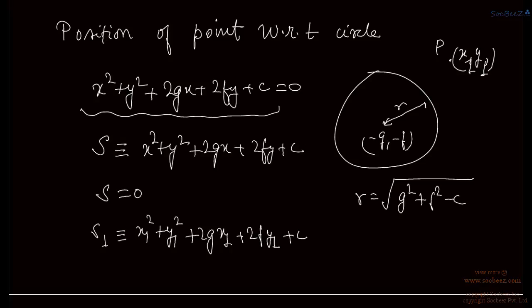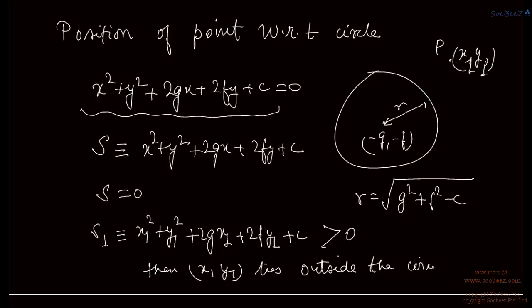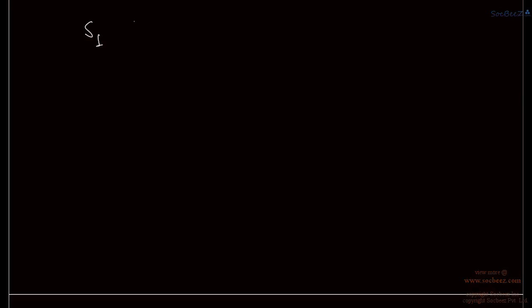If this value is greater than 0, then the point (x1, y1) lies outside the circle. If S1 is less than 0, then point P lies inside the circle.